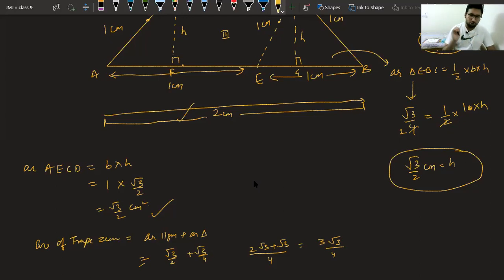You can leave it here also, and if you want, you can put the value of root 3 as 1.73 and you will get the answer in decimals. I hope all of you are able to understand how I found the area of a trapezium in which we didn't know the height. Class, I hope you are able to understand how we found the area of the trapezium without height.